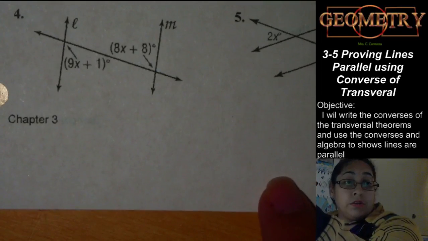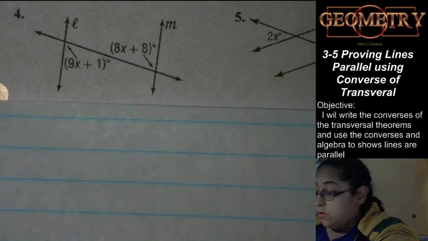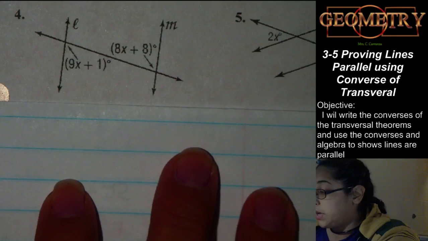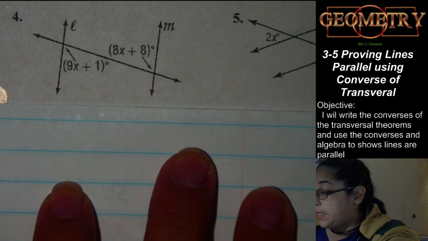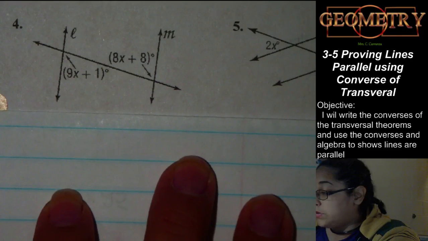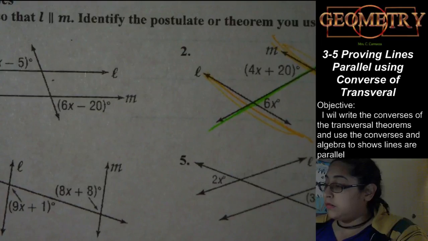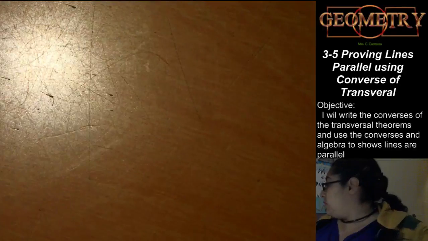So let me zoom in on 4. Are they? No, they're going to be congruent again. So 1, those are also congruent. Oh my goodness, this doesn't have a single one where they're supposed to be supplementary. That's not good. All right, let's look at our skills then.